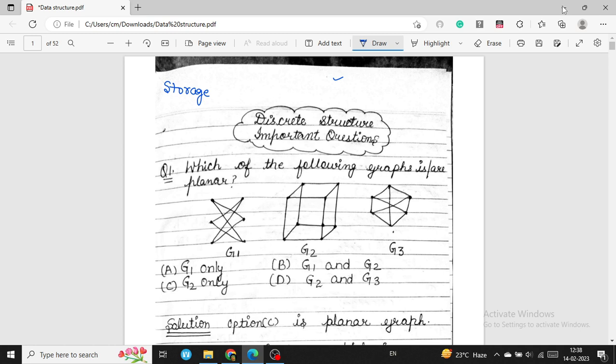But a data structure is not only used for organizing data, it is also used for processing, retrieving and storing the data.